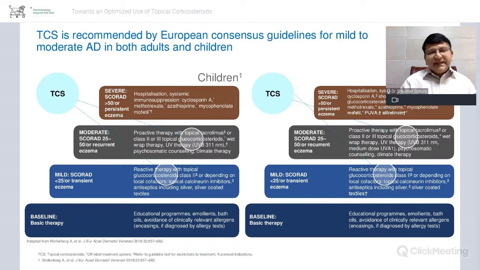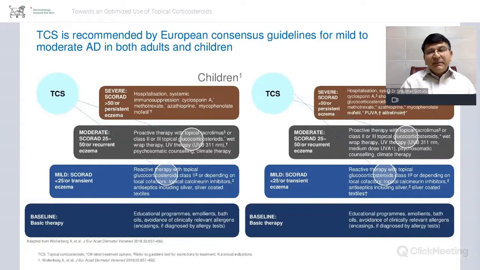So it is high time for us to be aware of all these things. The baseline therapy is always very important. And when it is mild, with a score of less than 25%, we need to use the topical corticosteroids and use calcineurin inhibitors in sensitive areas like the face and the body folds, and use it also as a proactive treatment to prevent flares, which is also true in moderate cases.